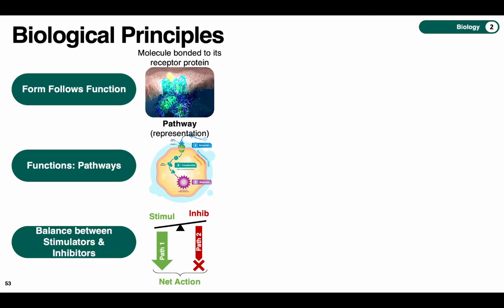As an example, the programmed cell death that I talked about, which is called apoptosis, is managed by pathways that kill the cell, that are countered by pathways that enable cell survival. When the cell is healthy, the cell survival pathways will always prevail.